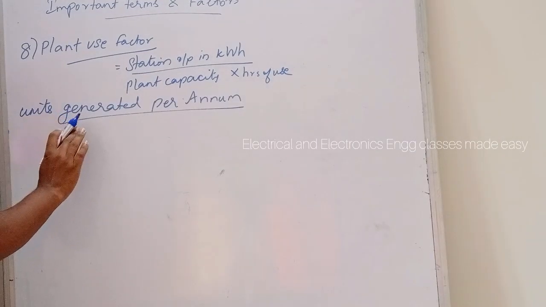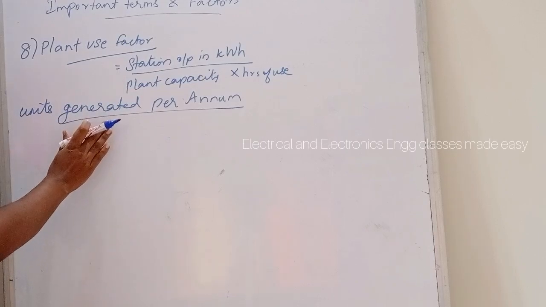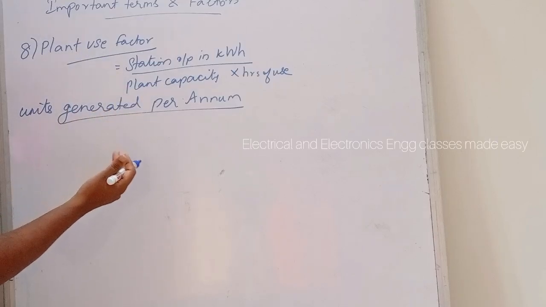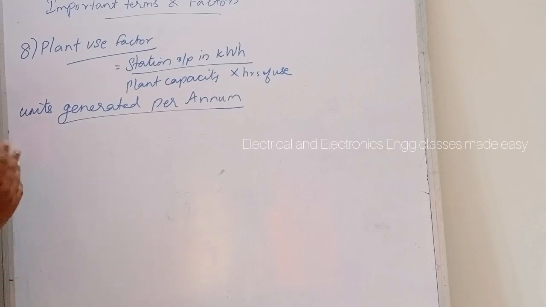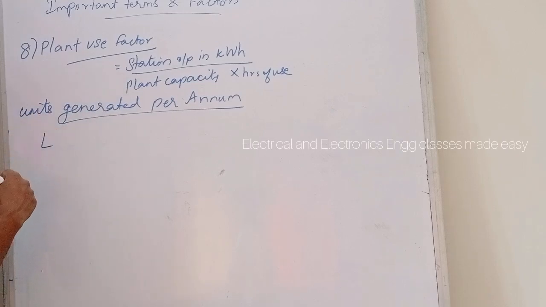Next one is units generated per annum. It is required to find the kilowatt hour generated per annum from the maximum demand and load factor. So how will you find the units generated per annum from the load factor and maximum demand?